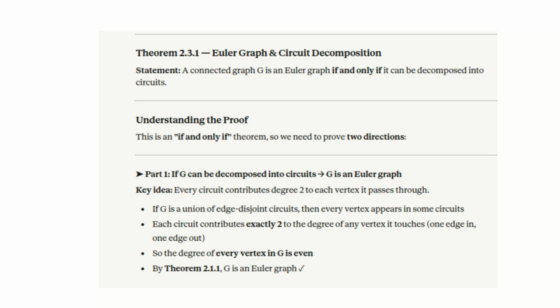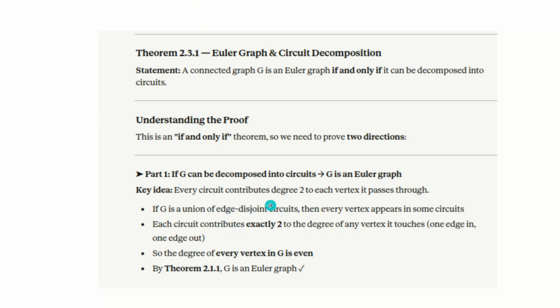So if I am decomposing a graph G into different circuits, I am dividing this graph into a union. That means this graph G is considered to be the union of these edge disjoint circuits. Edge disjoint means the edges are not common, so these circuits have no edges common in them.